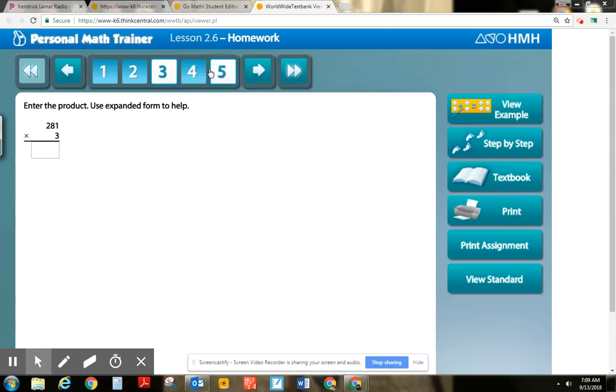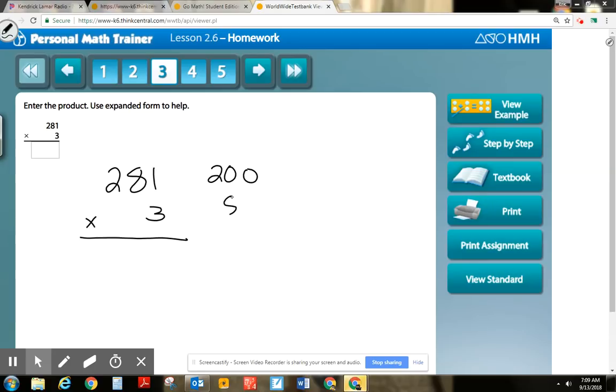All right, question 3. At least they wrote it the way that I like. 281 times 3. I'm going to blow it up by place value, so 200. This is expanded form. And then 80, and then 1. So 3 times 2, 600. 3 times 8, 24 and a 0.